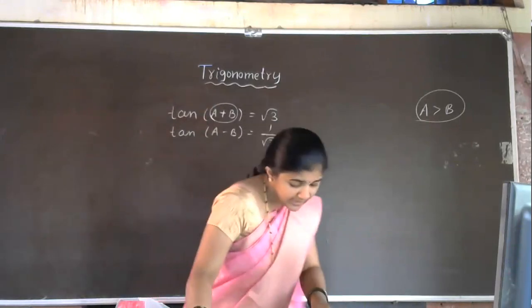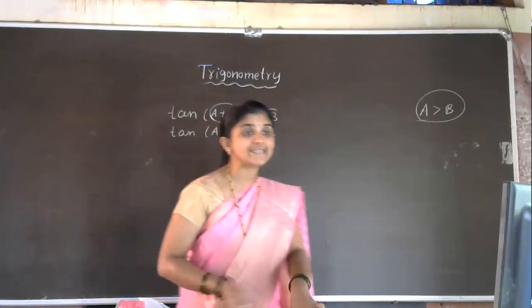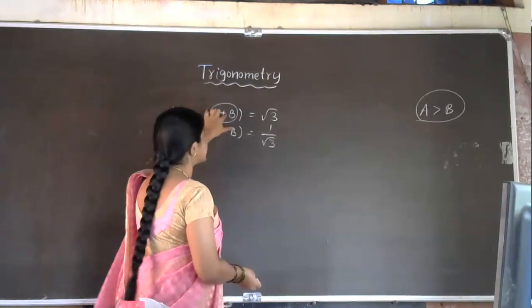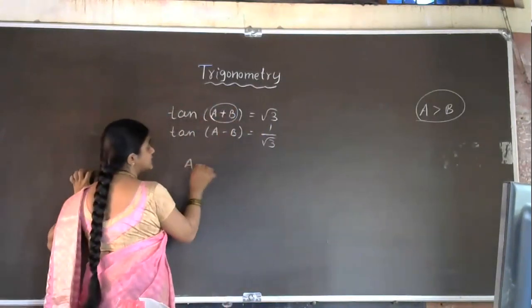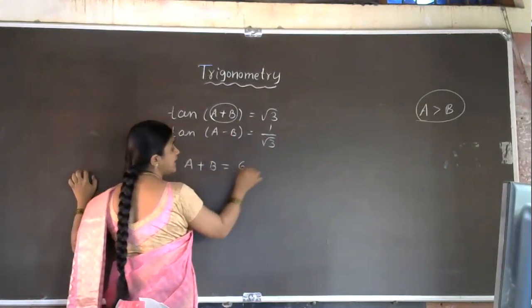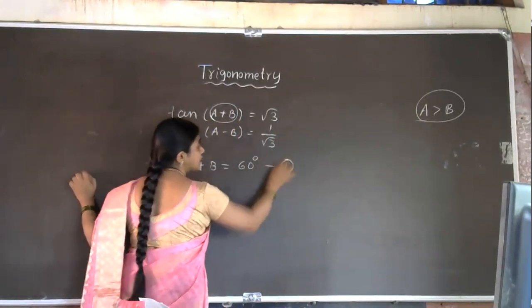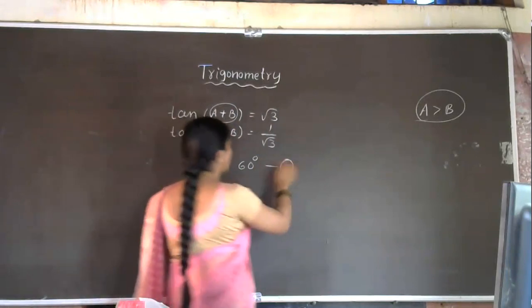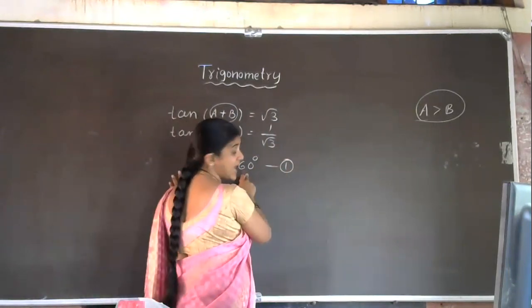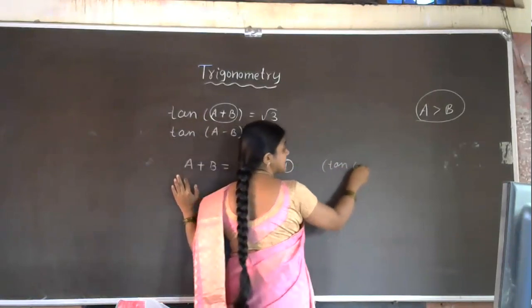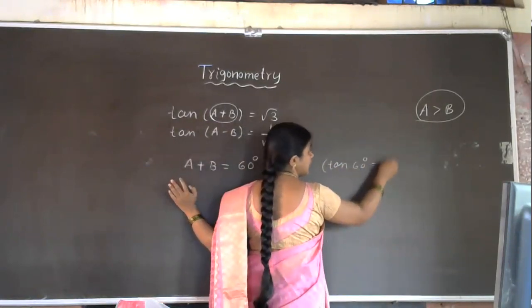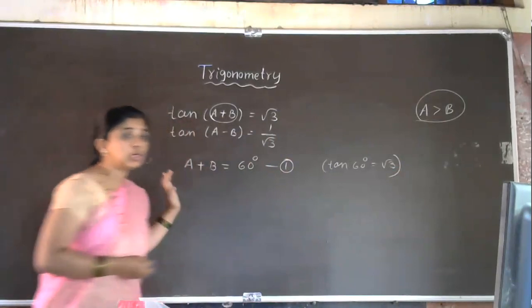Tan 60 is equal to root 3. That's why the a plus b value is 60 degree. Call this equation number 1. Why are we taking a plus b as 60 degree? Because tan 60 degree is equal to root 3.